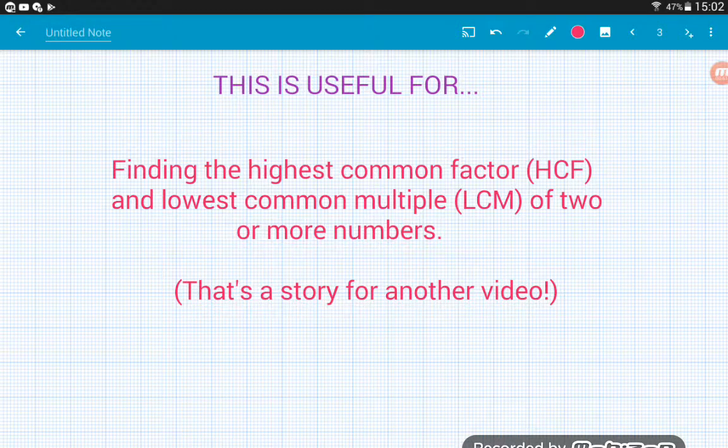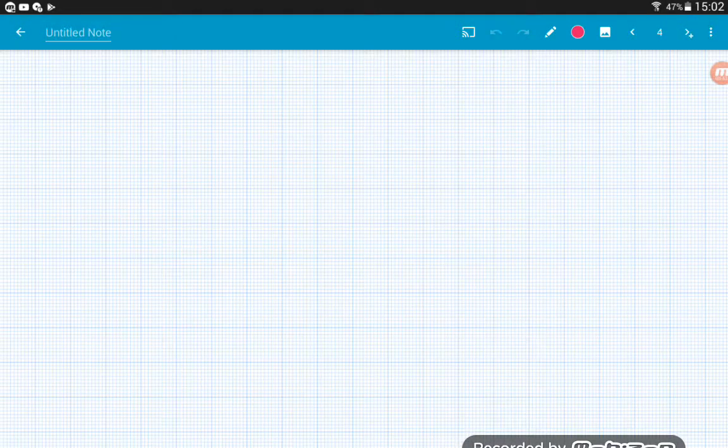So without further ado, let's say we're asked to write 24 as a product of its prime factors. As I said before, we're going to use factor trees. So out of 24, we're going to draw two lines like this.